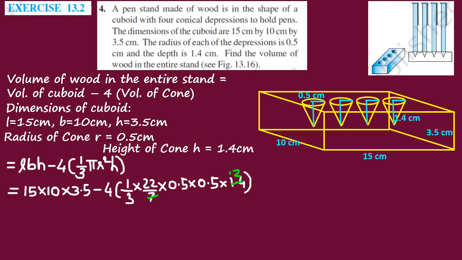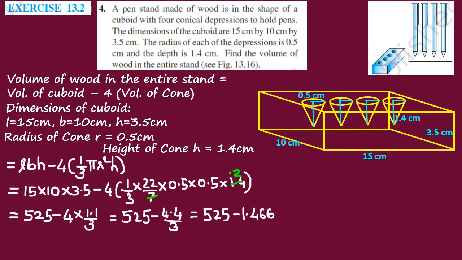So substitute the values, and on simplification we get the value as 523.53 centimeter cube. That is the volume of the wood in the entire pen stand.